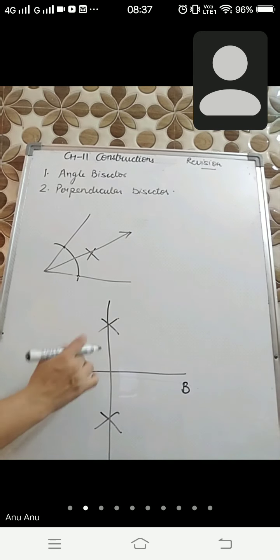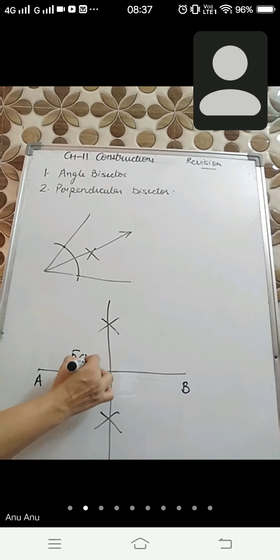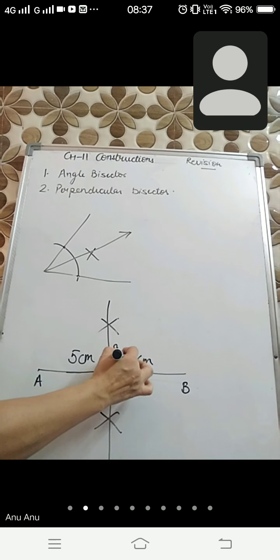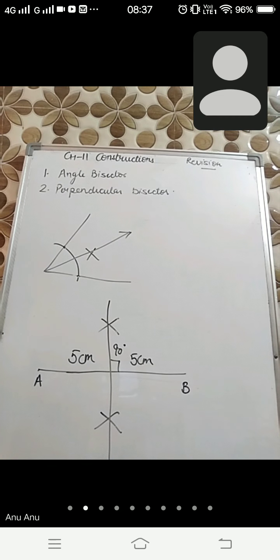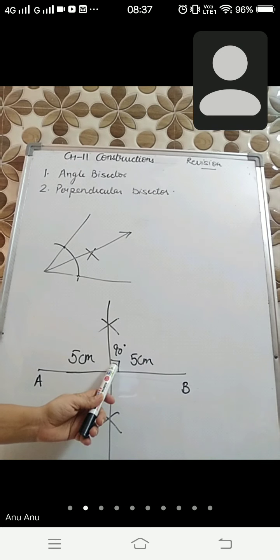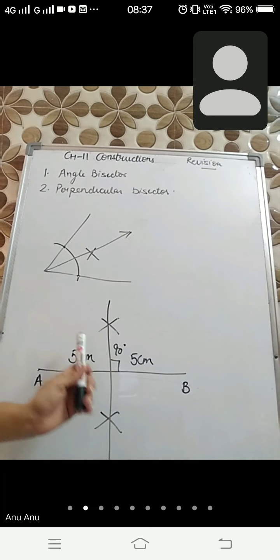If you have drawn a line of 10, you will write 5 centimeter, 5 centimeter here, and this line is also making 90 degrees. So you will write the definition, then the example: the line which divides this into two equal parts, like 5 centimeter and 5 centimeter, and is making a perpendicular with AB, is known as the perpendicular bisector of the line segment AB.